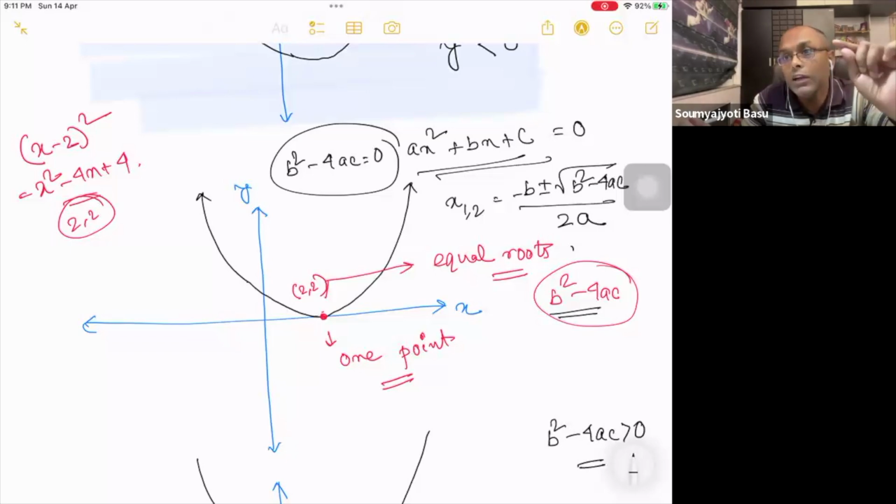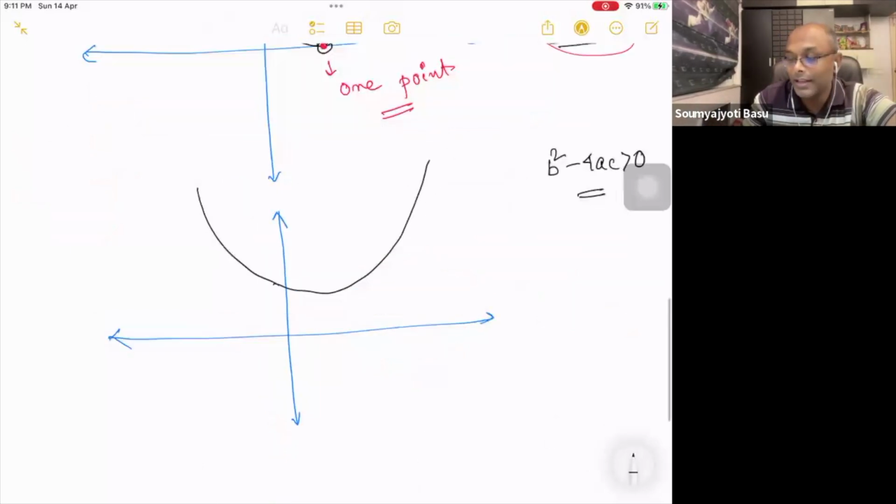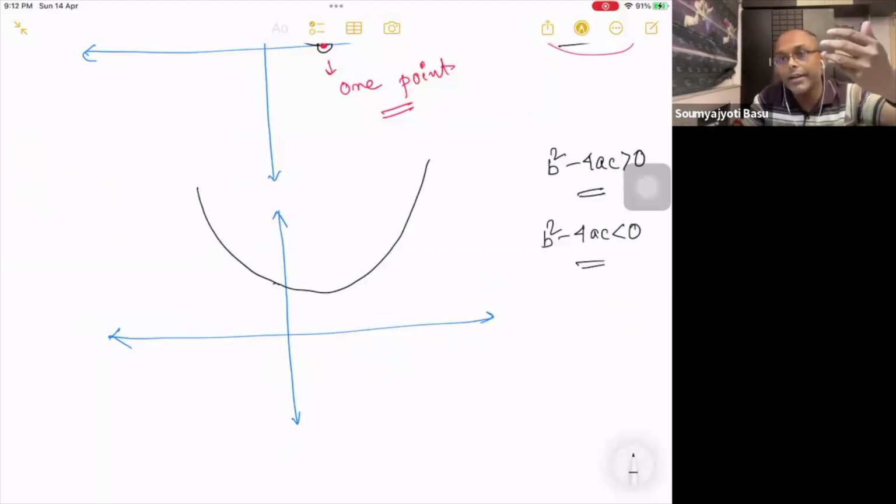We have equal roots, this red point. And if b square minus 4ac is less than 0, we don't have real roots. You know that, right? So you can say that we have imaginary roots. No real roots means the curve does not cross the x-axis. Case 3.